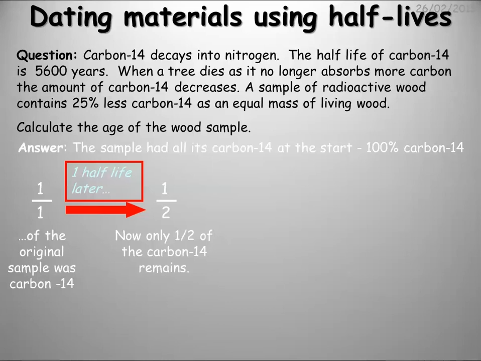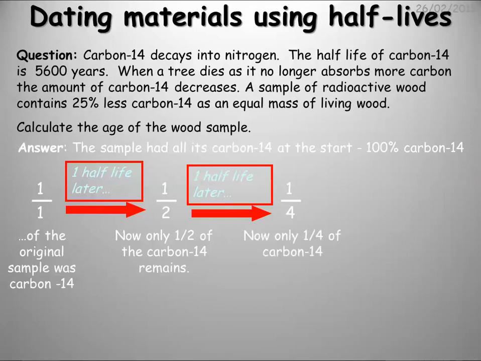That's still not 25%, if you're with it. So another half-life later, a half of a half is a quarter, which is 25%. So to get down to 25% of your original starting carbon takes us 2 half-lives.